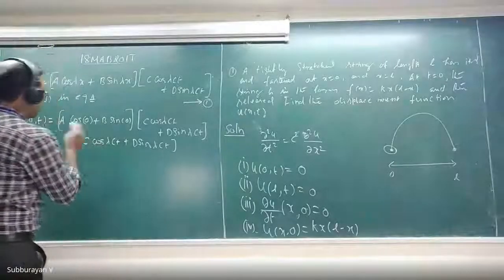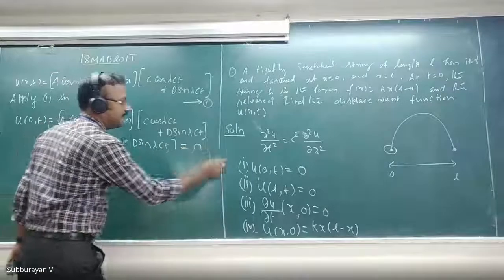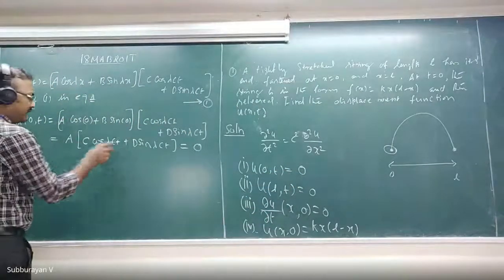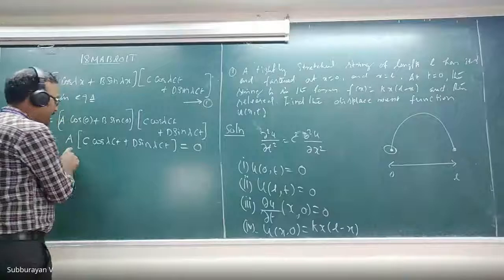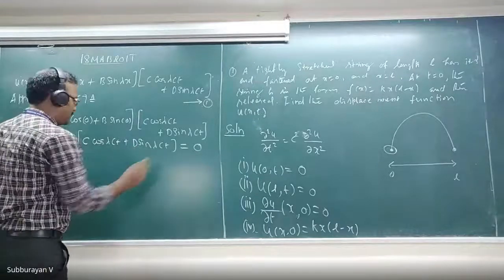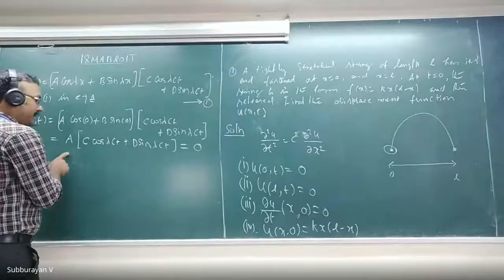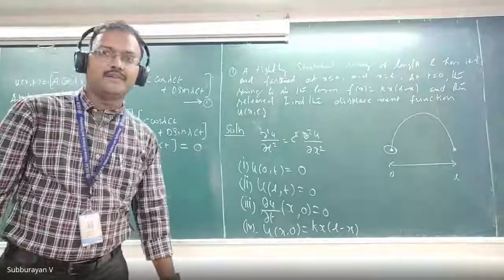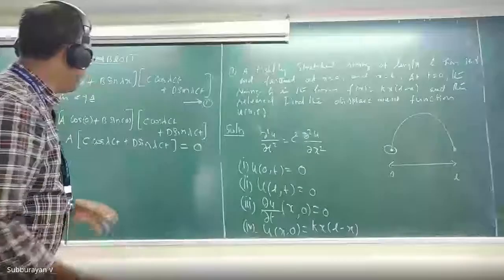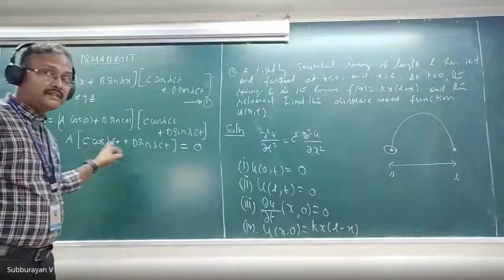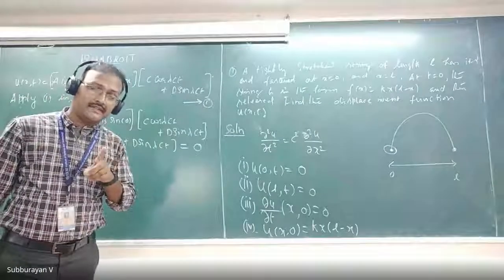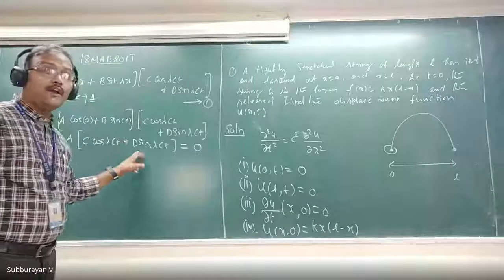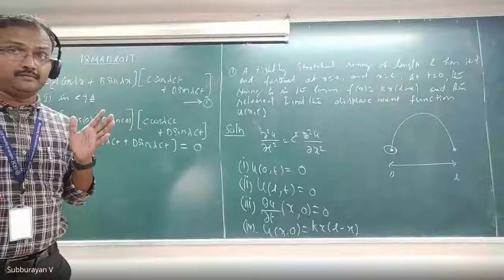Now this is equal to 0 by the condition. A product of two things is equal to 0, that is, A times this expression equal to 0. Therefore, either A equal to 0 or this expression equal to 0. But sine and cosine are orthogonal functions, and C and D are arbitrary constants that may have any value.